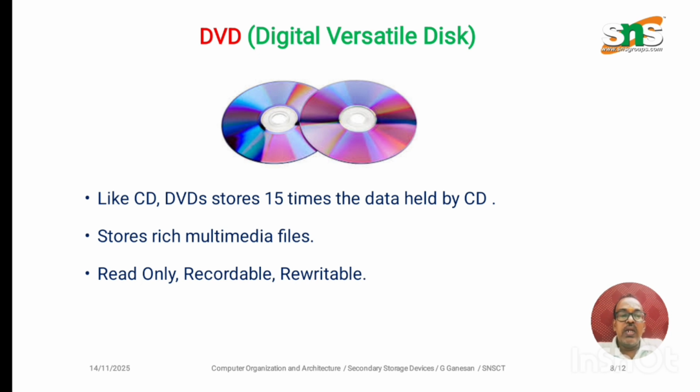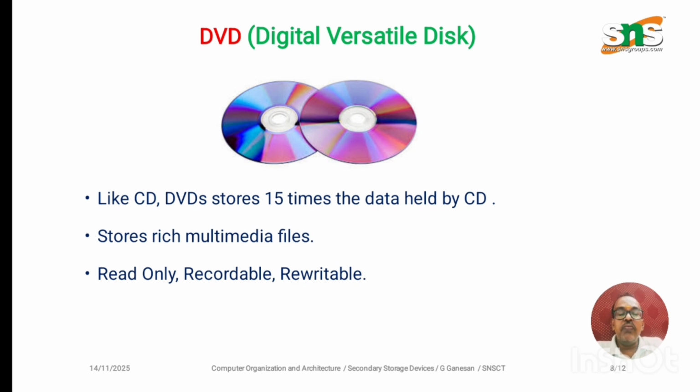Then DVD, this is the advanced version of the compact disk. What is the main difference between CD and DVD? The storage space and the access speed. Like CD, the DVD also uses laser rays or magnetic surfaces to write the data.